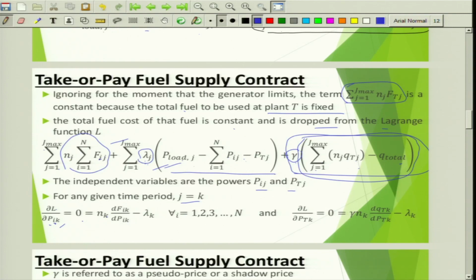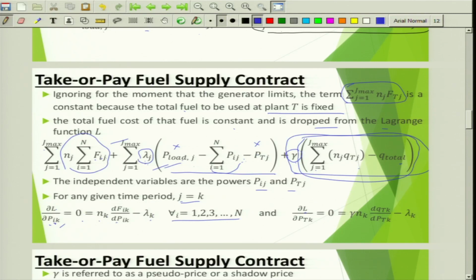Nk into dfik by dpik, for that specific interval j equal to k for the ith generator, Nk into dfik by dpik minus lambda. This term is constant and is eliminated, and this one is also constant with respect to Pik, so only this will be left. So minus lambda k is equal to 0. This is applicable for all the generators 1 to n.